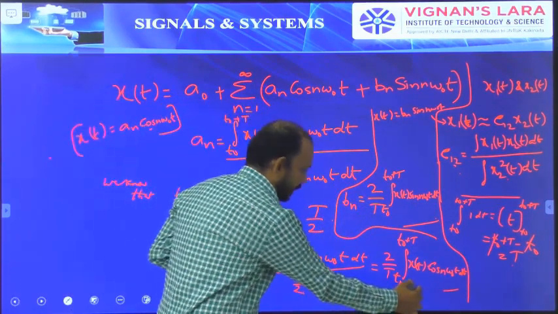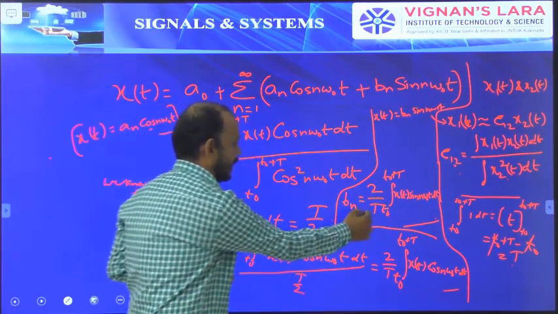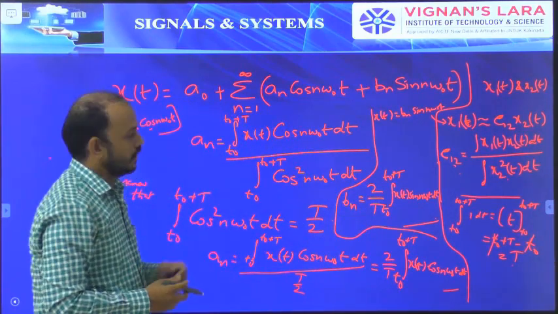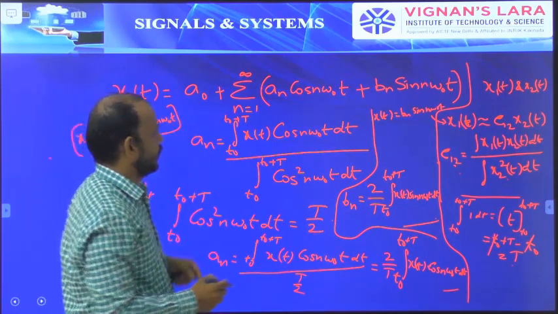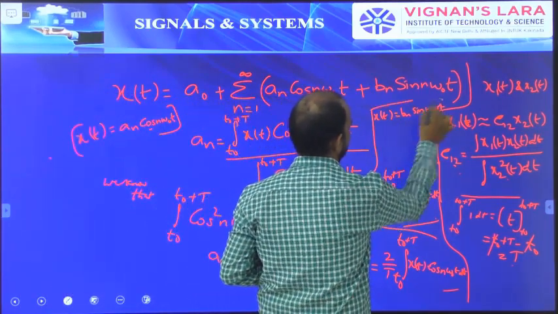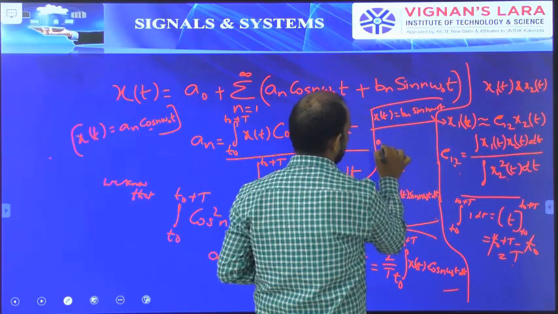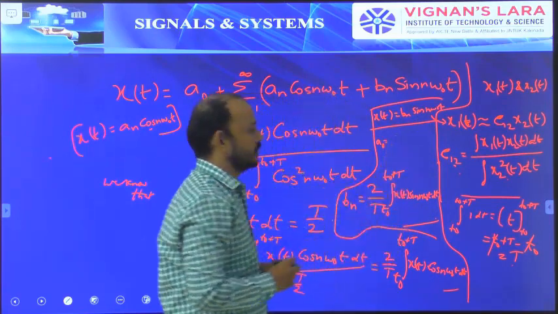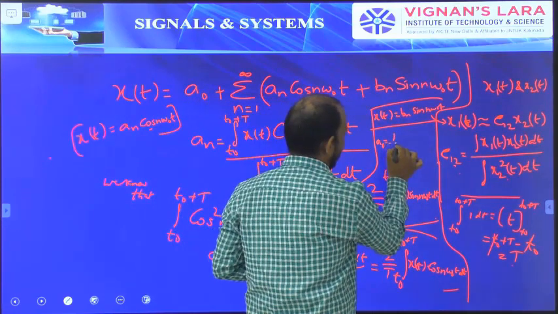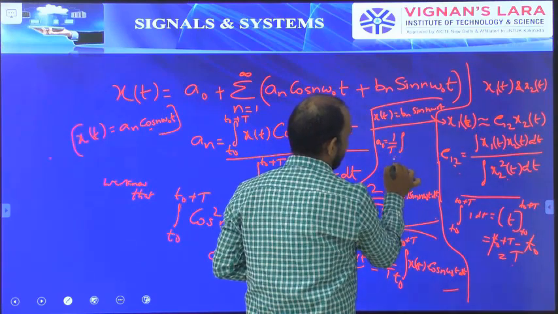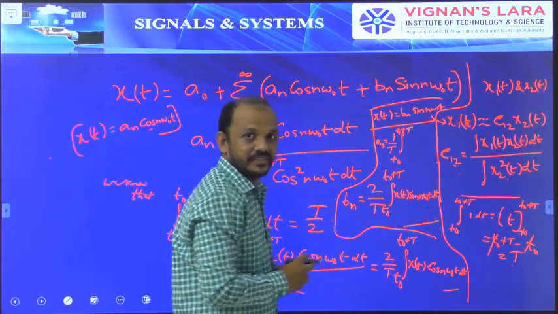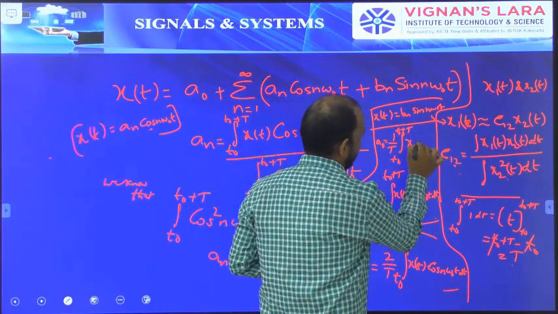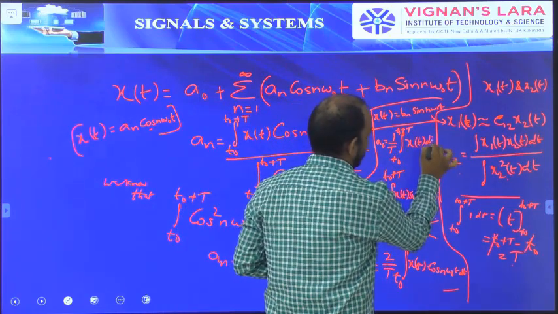So here I got the value of an, and here I got the value of bn. Already I found the value of a naught. So what is the value of a naught? A naught equals 1 by T, the integral from t naught to t naught plus T of x(t) dt.